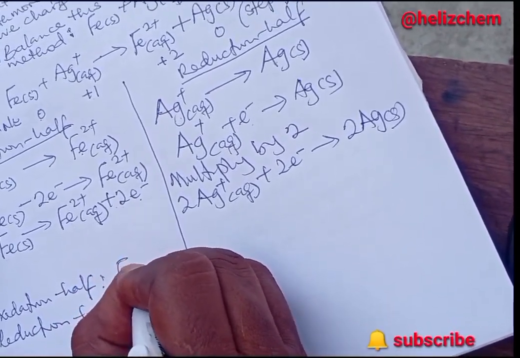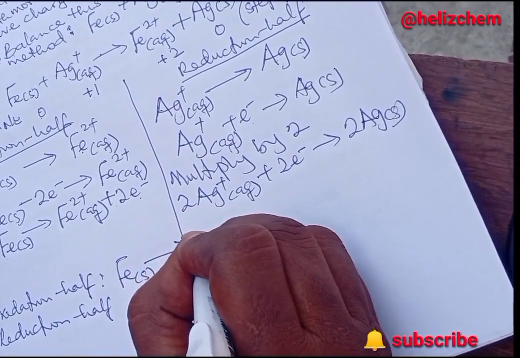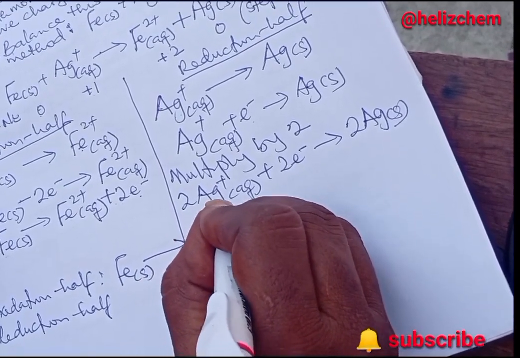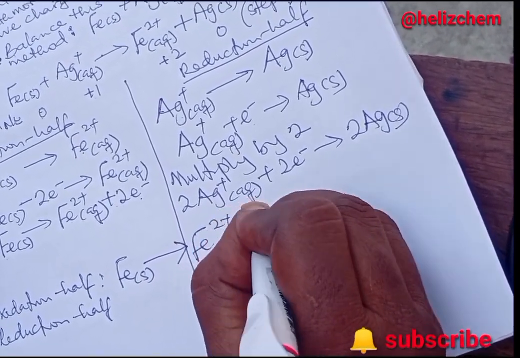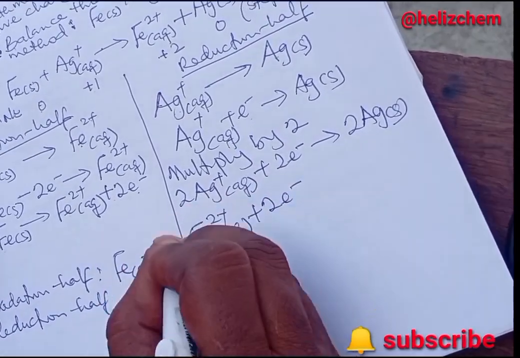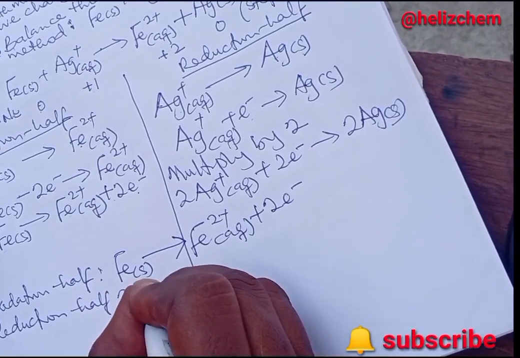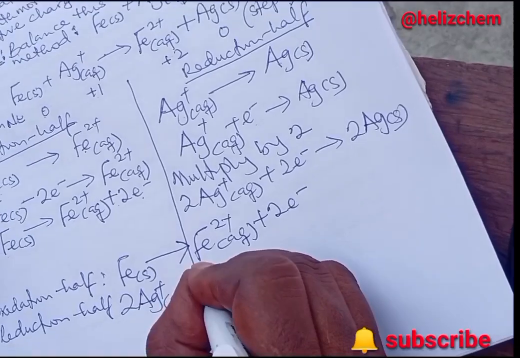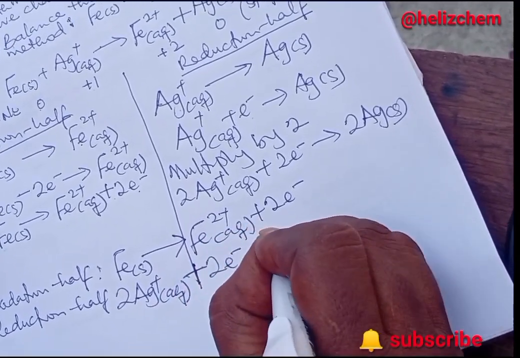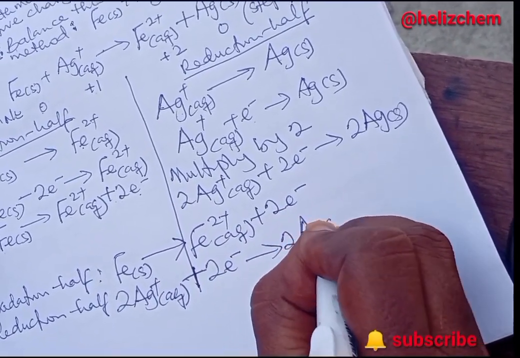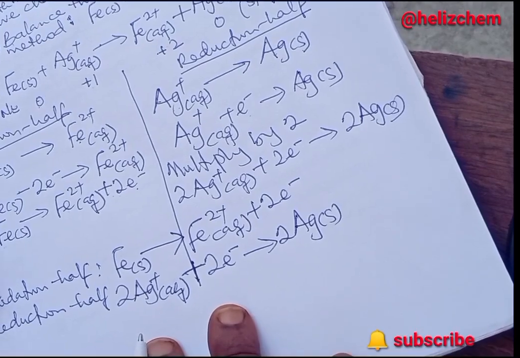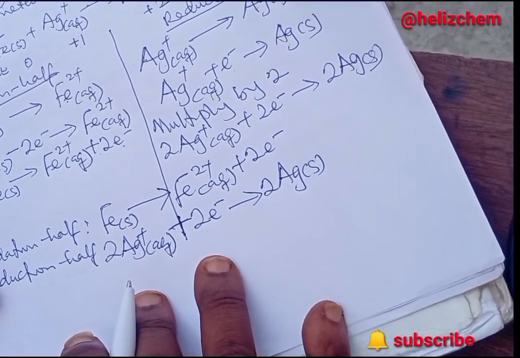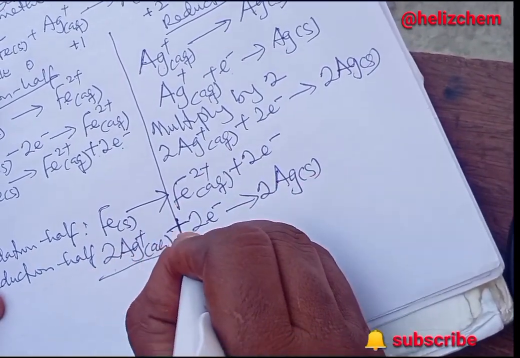This is Fe solid going into Fe2+ aqueous plus 2e-, and this is 2Ag+ aqueous plus 2e- to give 2Ag solid. So we want to add the 2 together now.